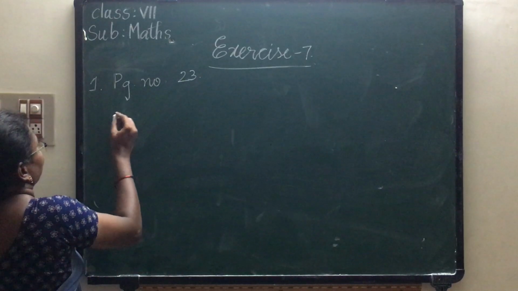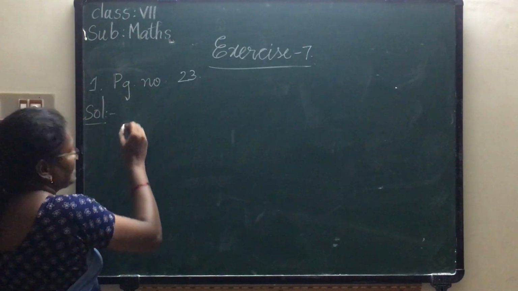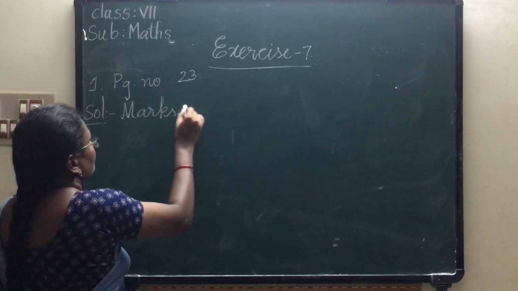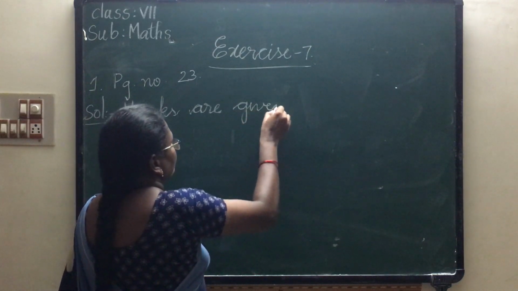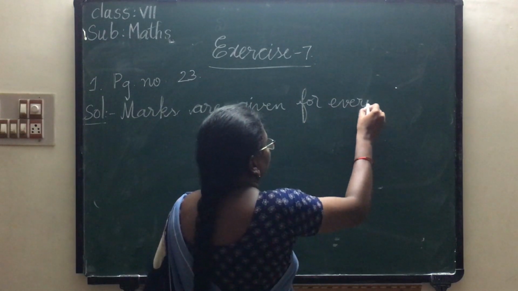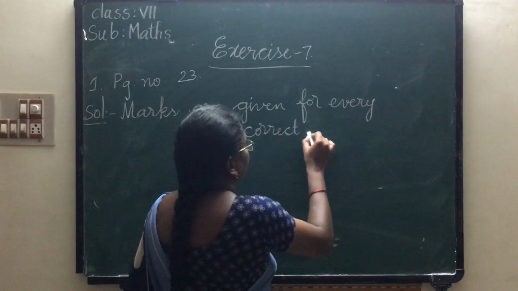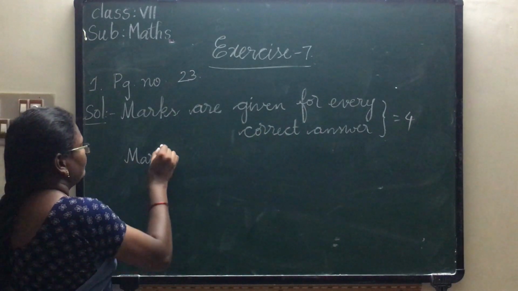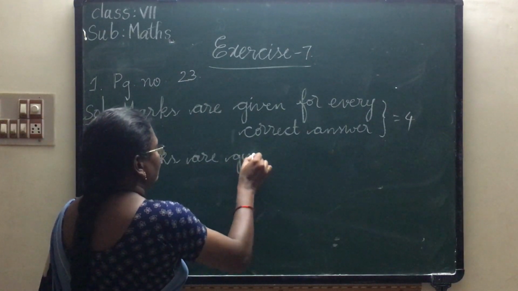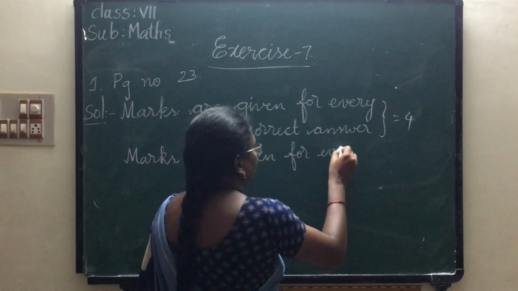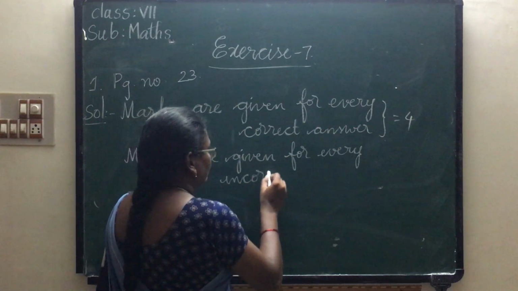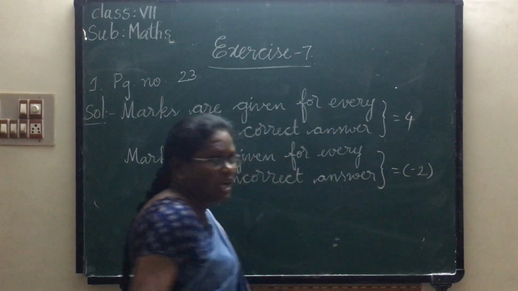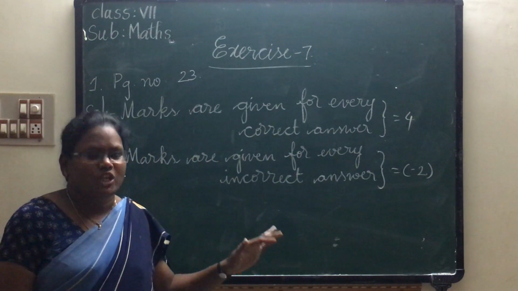Marks are given for every incorrect answer. How many, children? Minus 2.